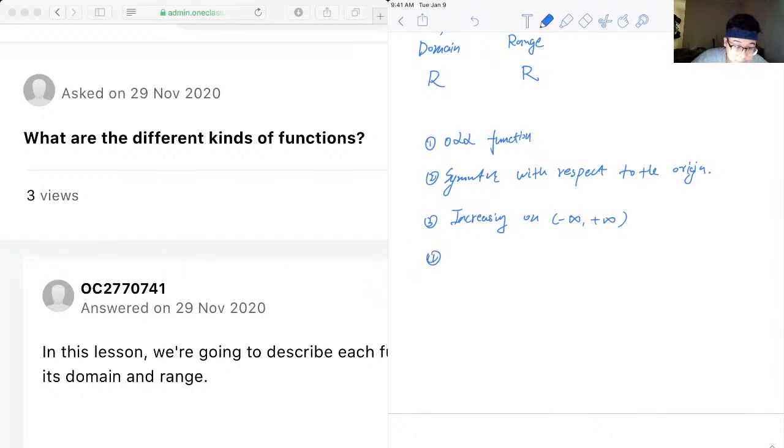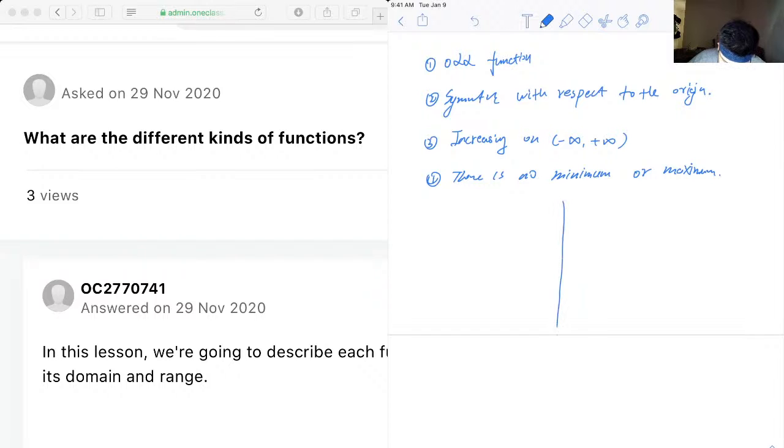And lastly, there is no minimum or maximum. Okay, and the graph looks like this.